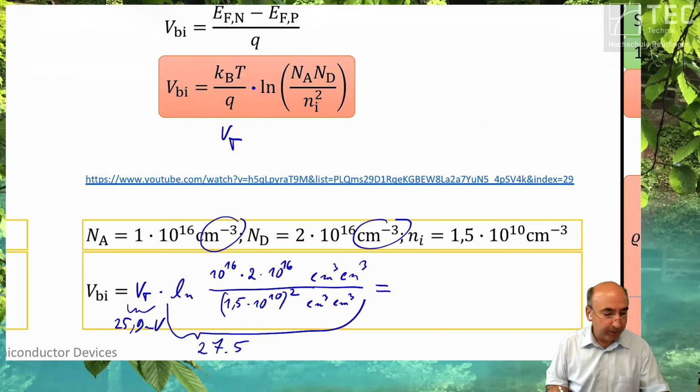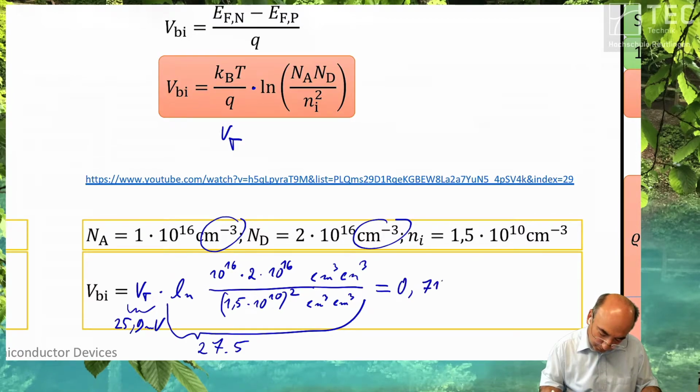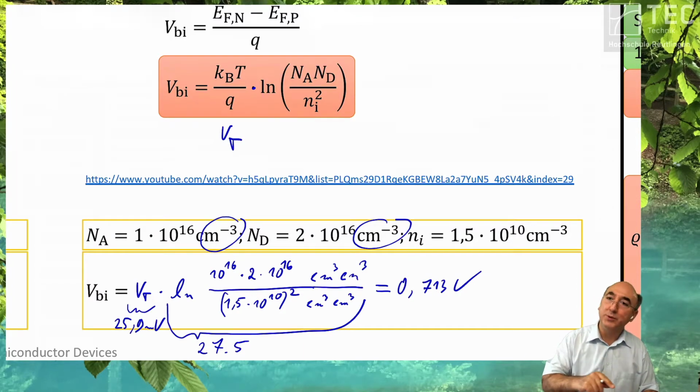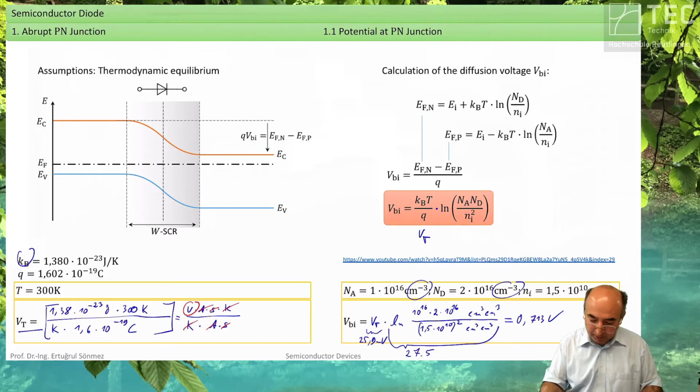And then if we multiply, so the so-called built-in voltage is 0.713. Again, it is not the forward voltage of the diode, but it has something to do with that value. Okay, now let's continue.